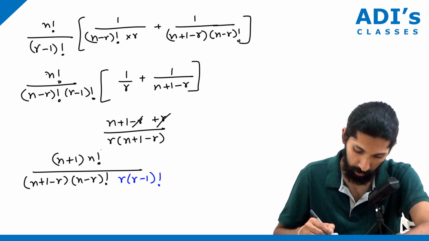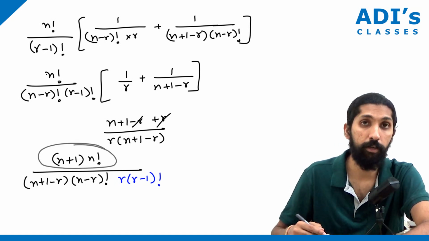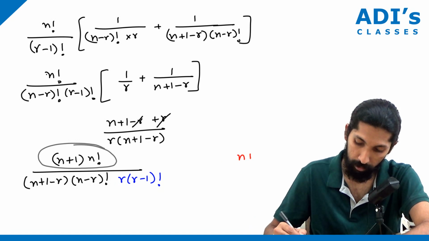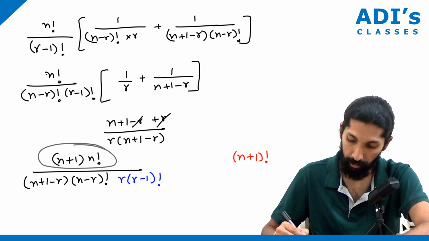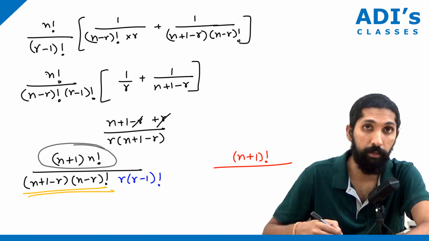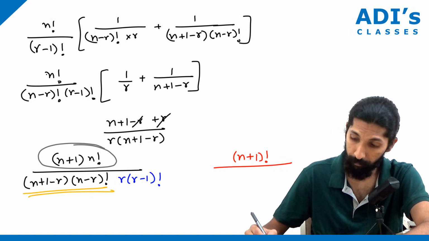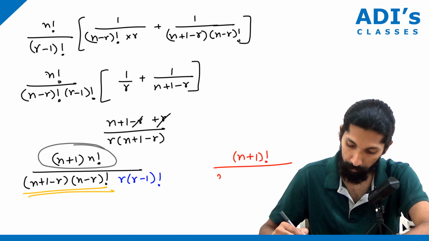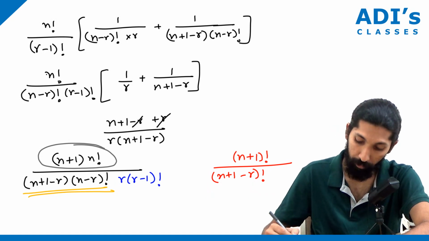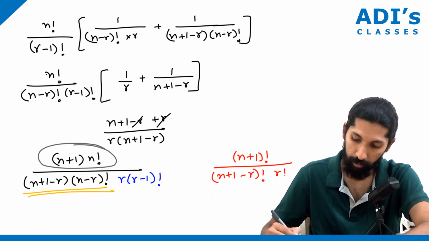So what is this? n plus 1 into n factorial is going to become n plus 1 factorial divided by, what is this? We just split it, right? And we got back the same thing. That's going to be n plus 1 minus r factorial, and finally into r factorial.